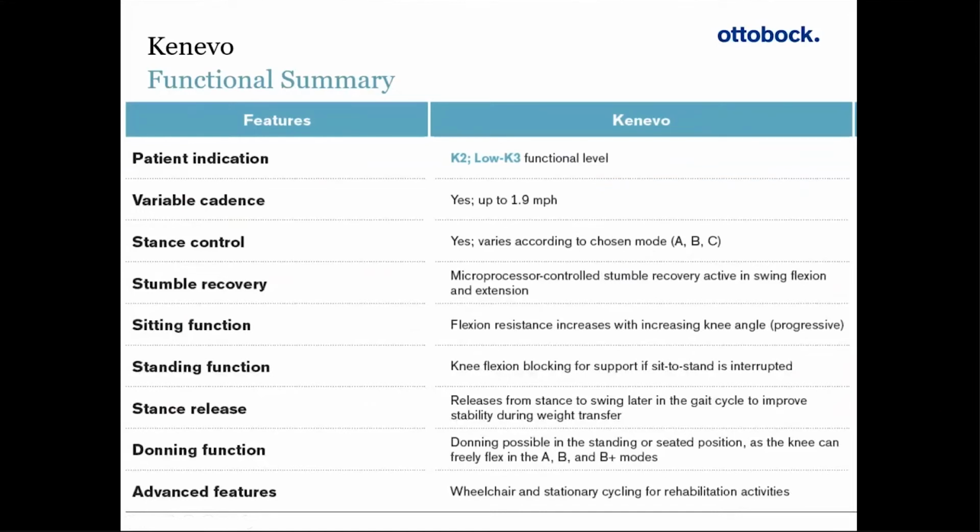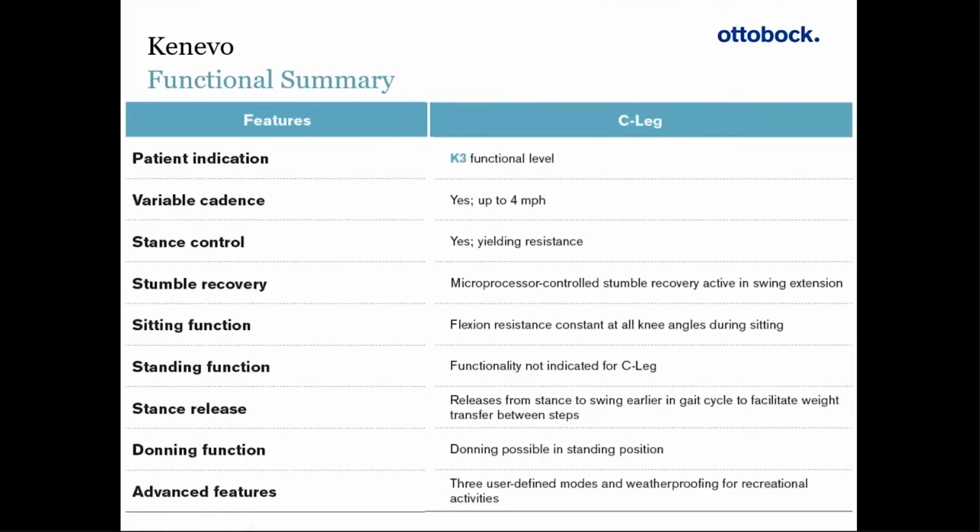And then when you look at the C-leg, next advance, you can see that they walk at a much faster speed. They have that yielding resistance. The stumble recovery is only occurring in the swing extension phase. So once the heel meets its maximum heel rise, then it kicks in, whereas the Kenevo is kicking in in both the flexion range and the extension range.